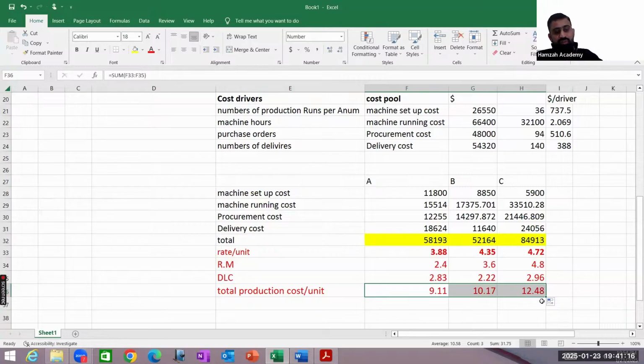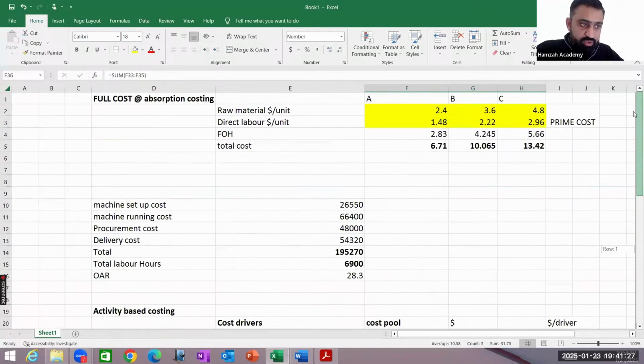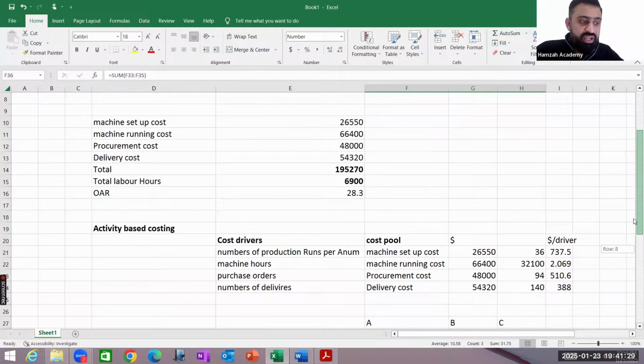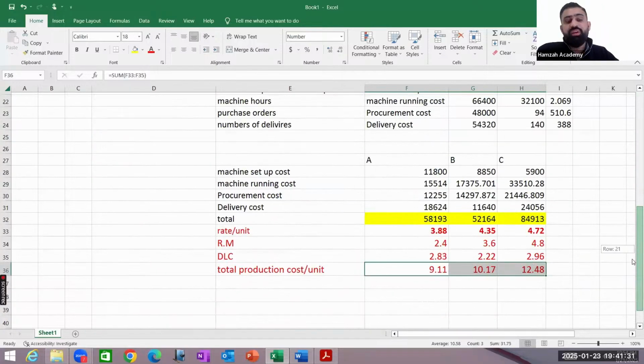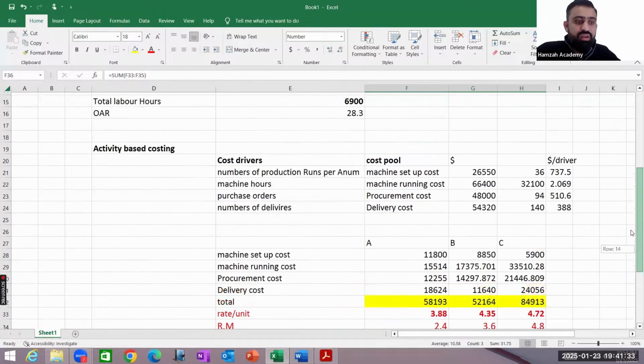So that was the first requirement: to calculate the total production cost per unit using absorption costing and using activity-based costing.